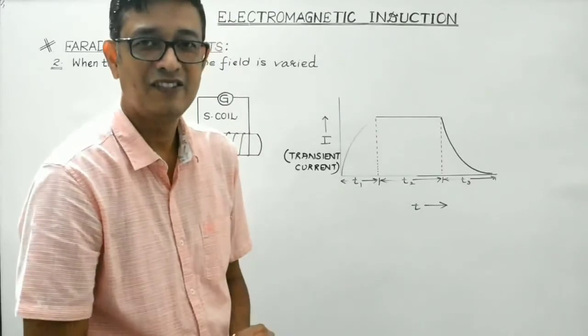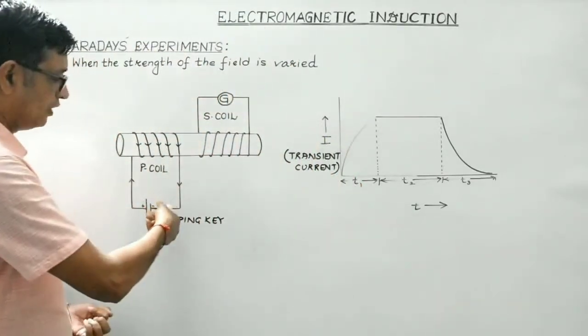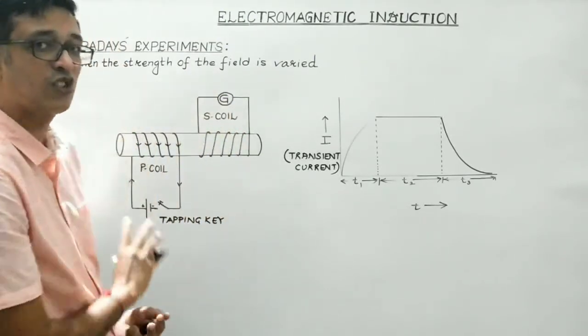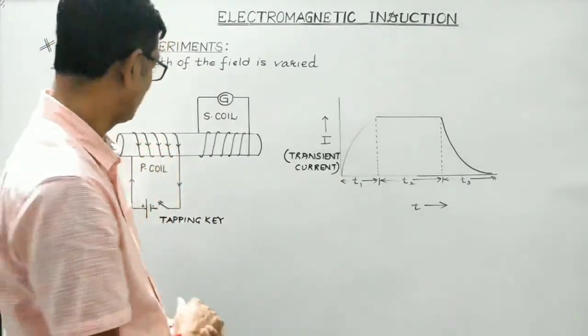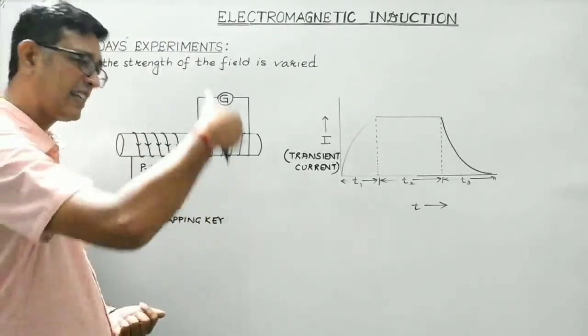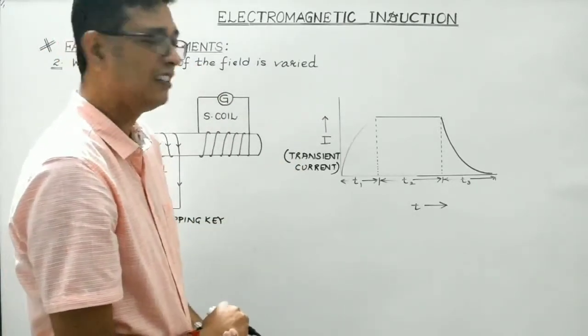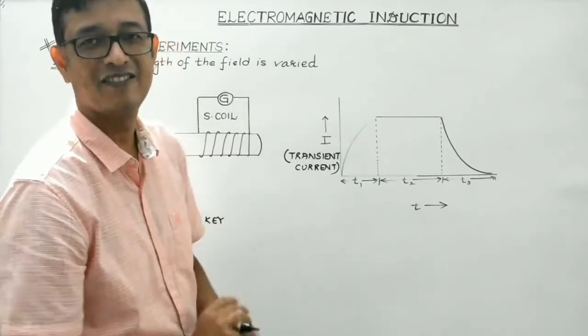It's pretty clear, right? So now what Faraday observed was, when the tapping key is pressed, the galvanometer in the S coil shows some deflection, say towards right. When the tapping key is kept pressed, he found that the galvanometer in the S coil shows no deflection.